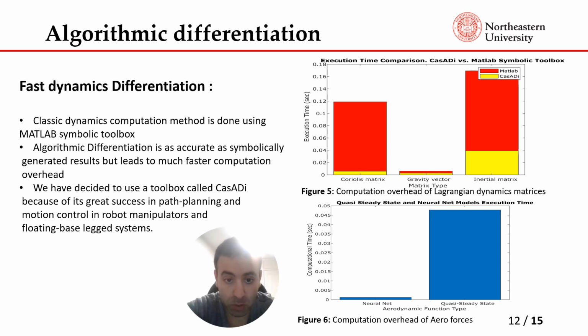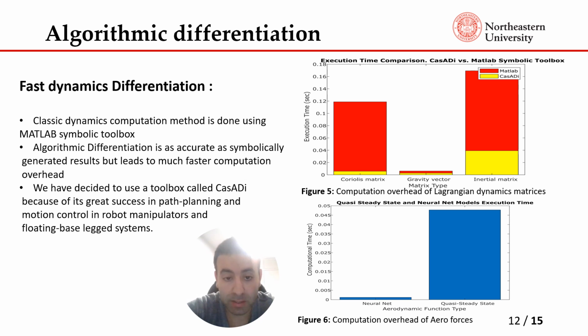In our simulation experiment, we combine algorithmic differentiation with our recursive algorithm to produce faster computation. For this reason, we use a toolbox called CDC, which has had great success in path planning, motion control, and robot manipulators. Usually, the classic dynamic computation is done using the MATLAB symbolic toolbox, so you usually calculate the Coriolis, gravity, and inertial matrices using it.